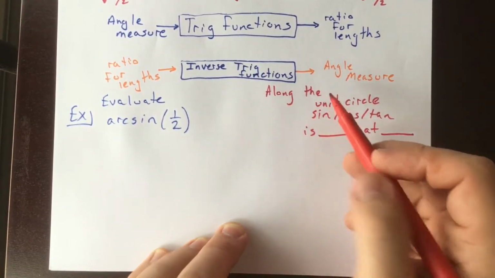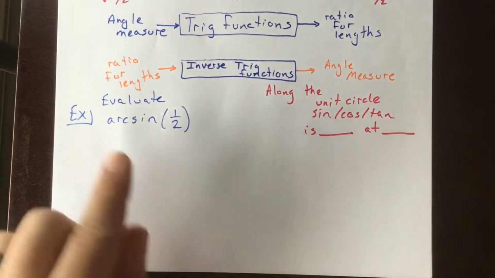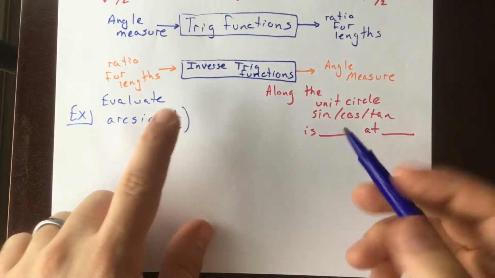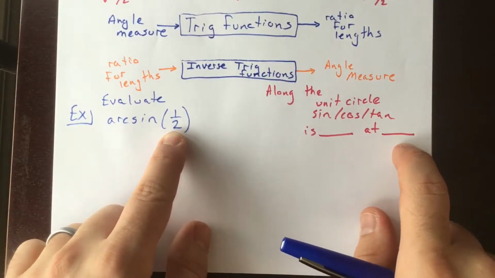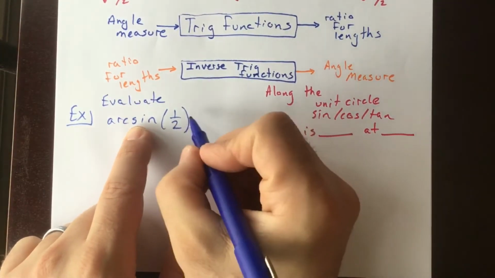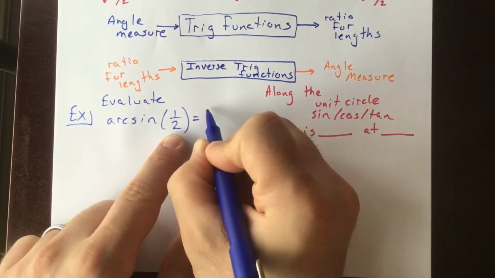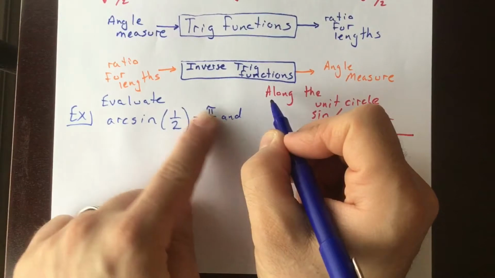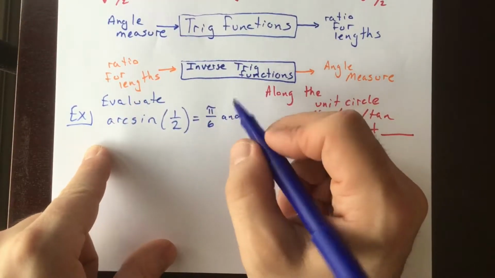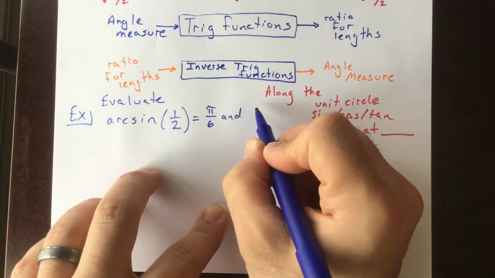So along the unit circle, sine is 1/2 at where? Knowing our unit circle, sine is positive 1/2 at pi over 6, and in quadrant 2, that would be 5 pi over 6.